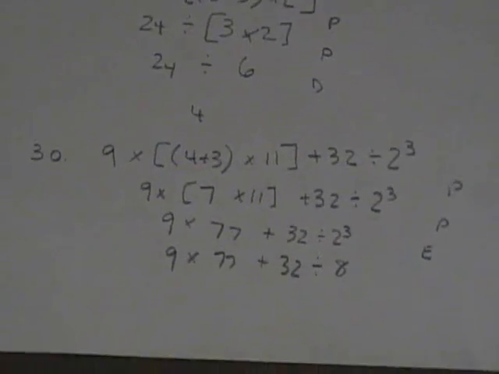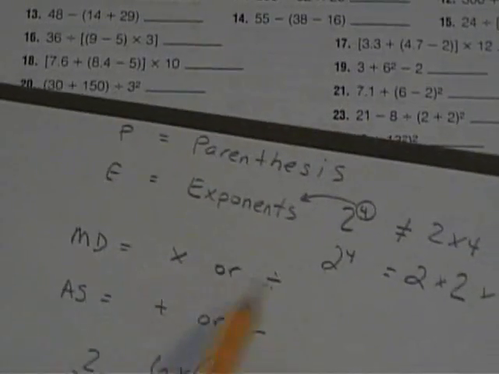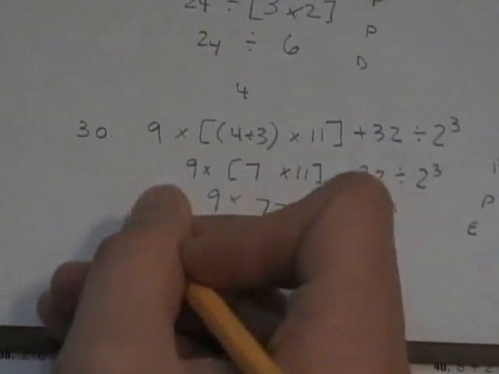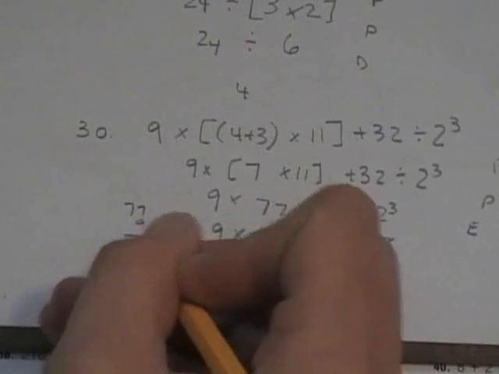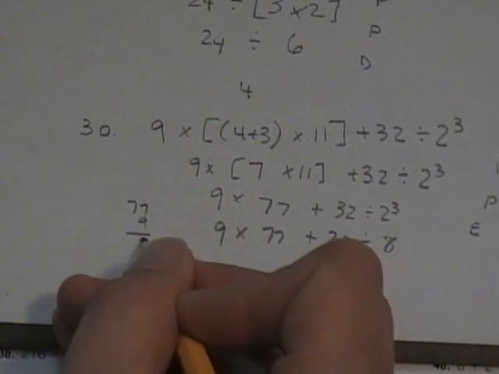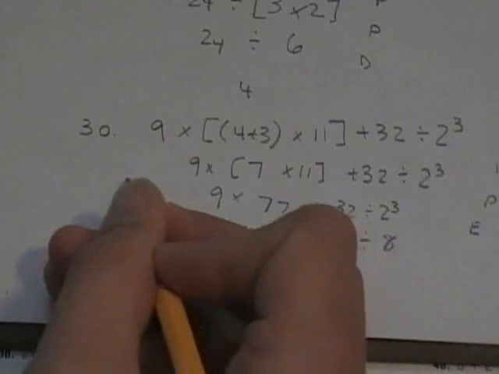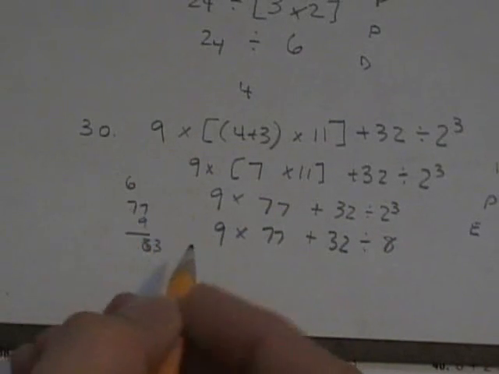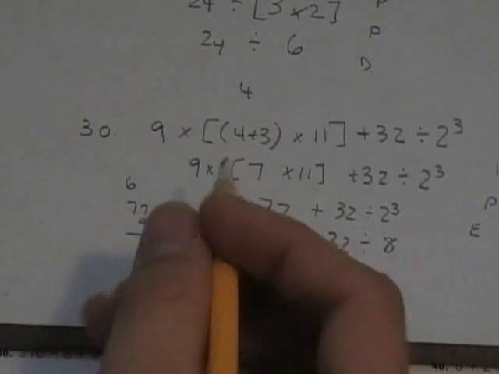Alright. Now the next step is multiplication or division, whichever comes first. We're going to go from left to right. 9 times 77. Alright, well, let's do this over here. 9 times 7 is 63. We'll add that 6.